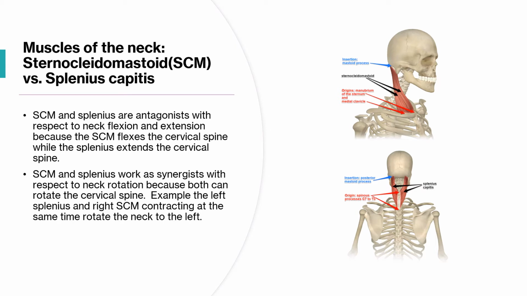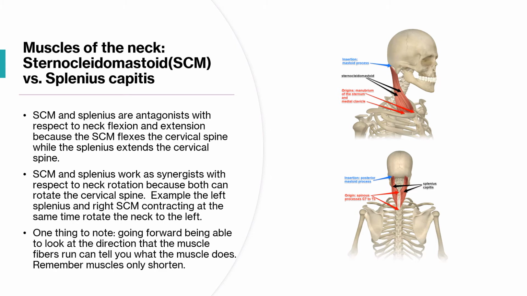For example, the left splenius and right sternocleidomastoid contracting at the same time rotate the neck to the left. One thing to note, going forward, being able to look at the direction of the muscle fibers, the way that they run, can tell you what the muscle does. Remember, muscles only shorten.